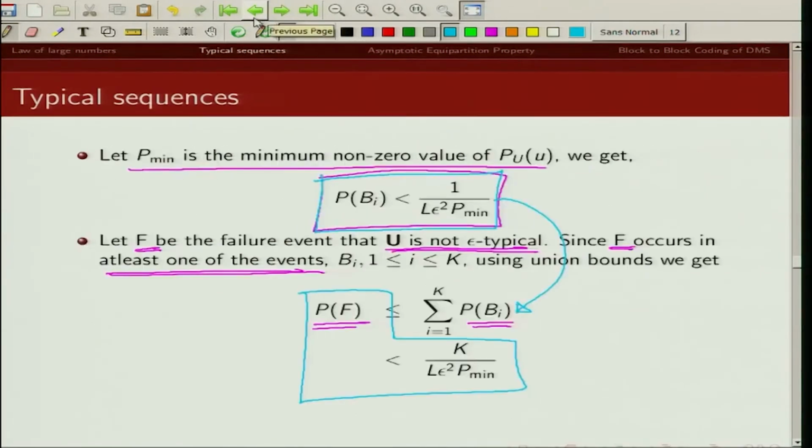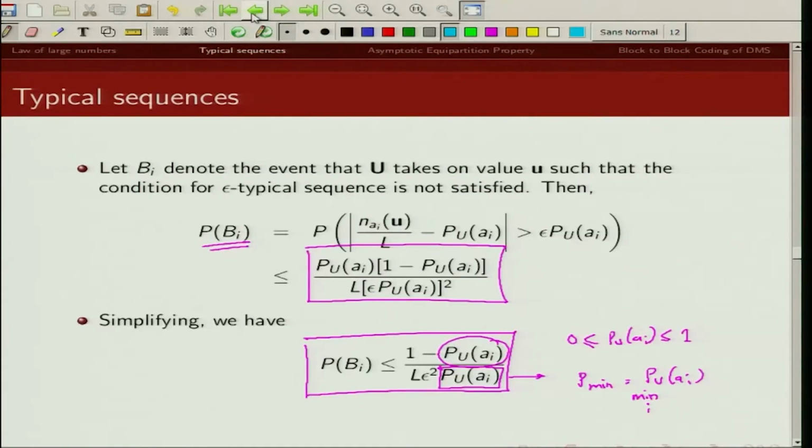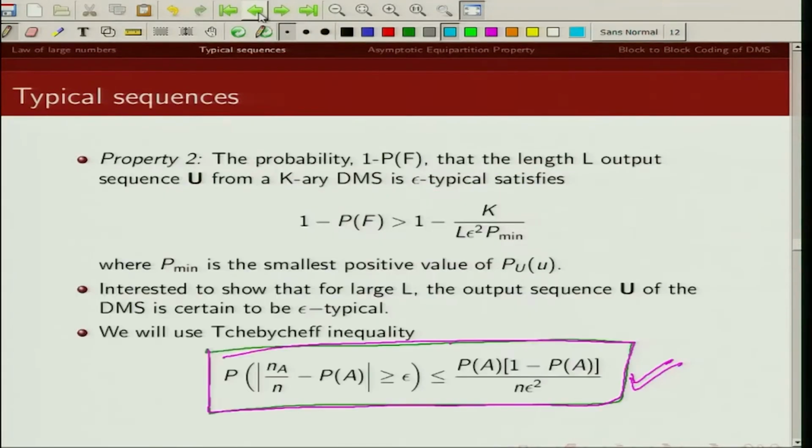If we plug in this value, we get the second property of a typical sequence: 1 minus P of F is greater than or equal to 1 minus k divided by L epsilon square P min. And what does it say?